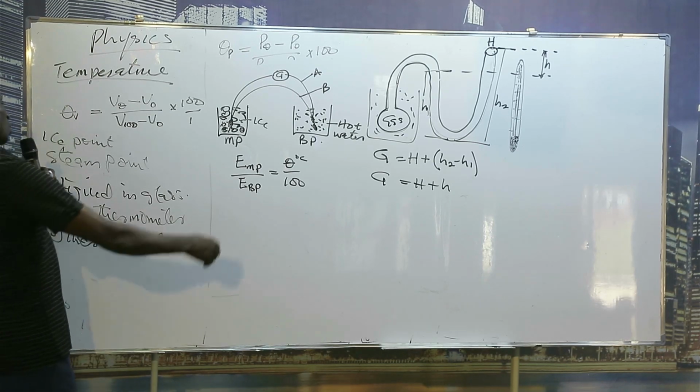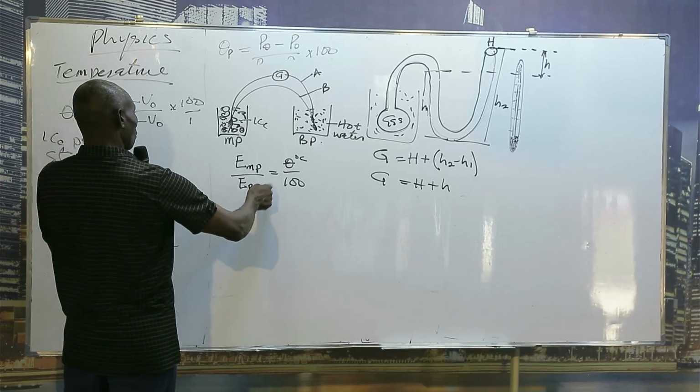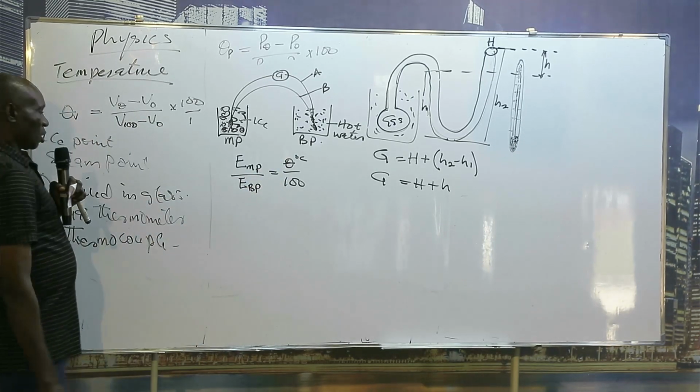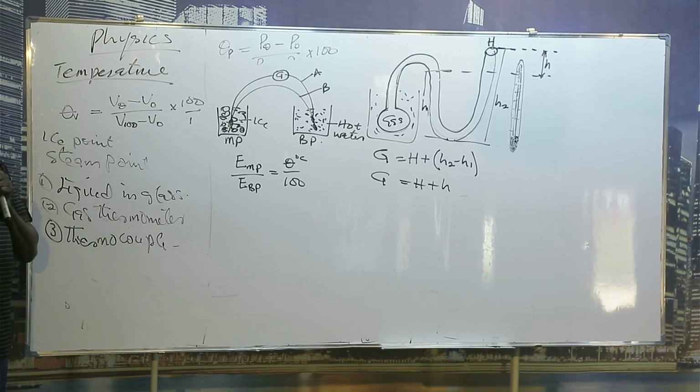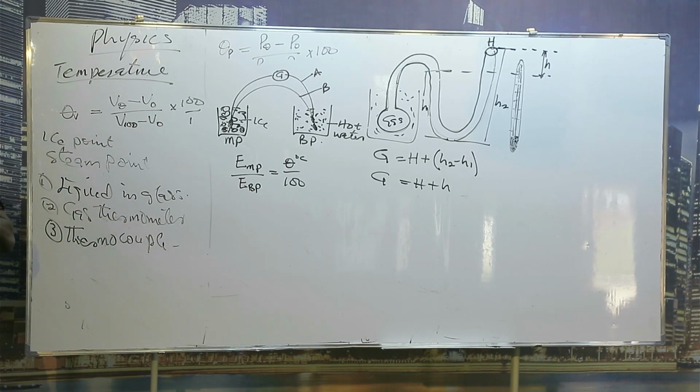So EMF of melting point over EMF of boiling point is equivalent to the temperature in degrees C over 100. Where is this 100 from? 100 is from the calibration from 0 to 100, which makes up the steam point. So this is its calibration. Now we continue.